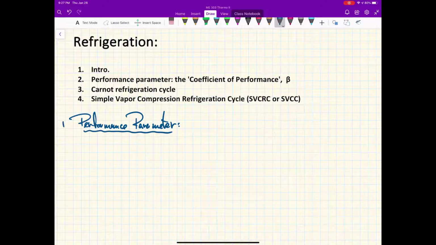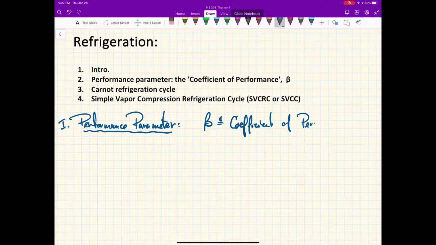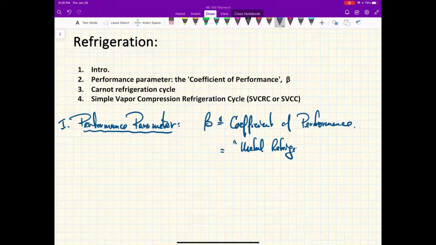So the performance parameter that characterizes the refrigeration cycle is beta, called the coefficient of performance. And beta is defined as the useful refrigerating effect. So as a typical performance parameter, it's what I want over what I pay for. And what I want here is useful refrigeration effect.